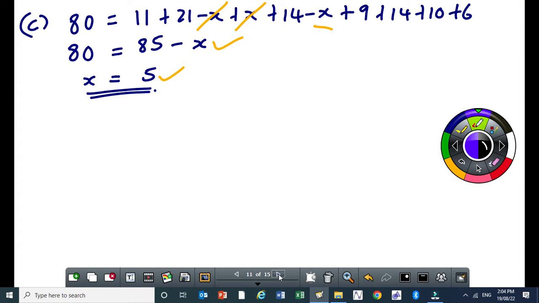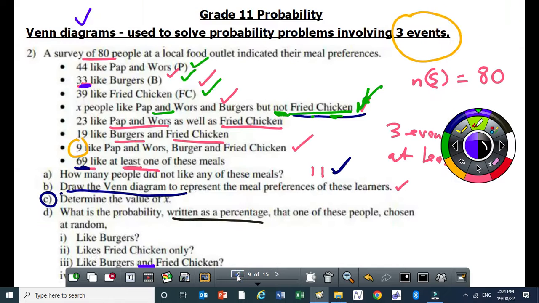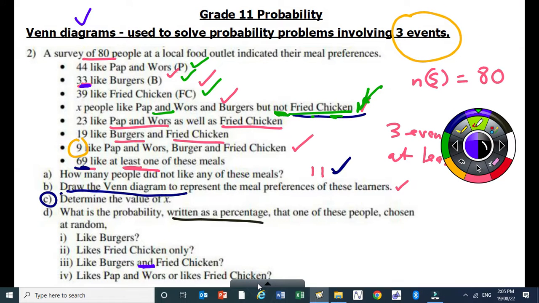Right. Then the next question, which actually is the last one, says they like burgers or they like fried chicken. Now the word "or" in probability means a union. Yeah, union.